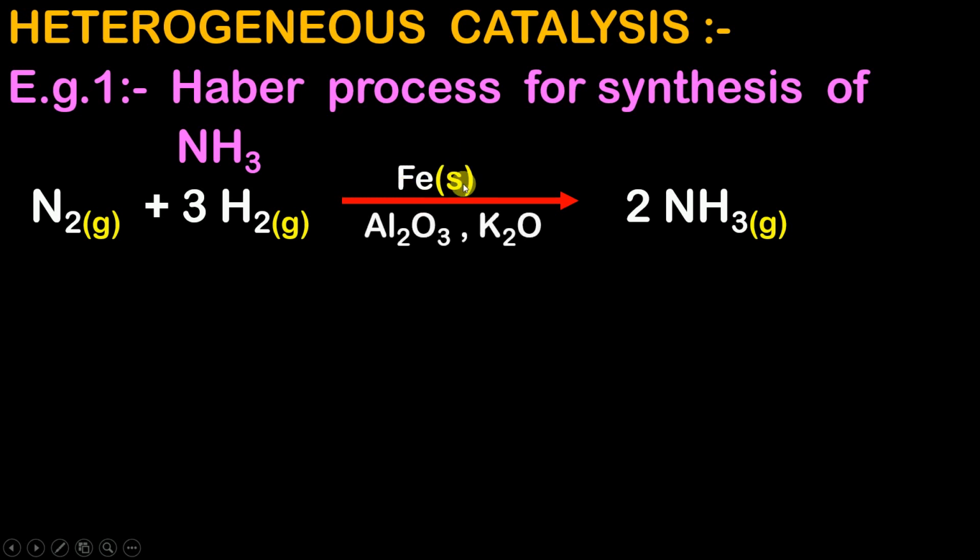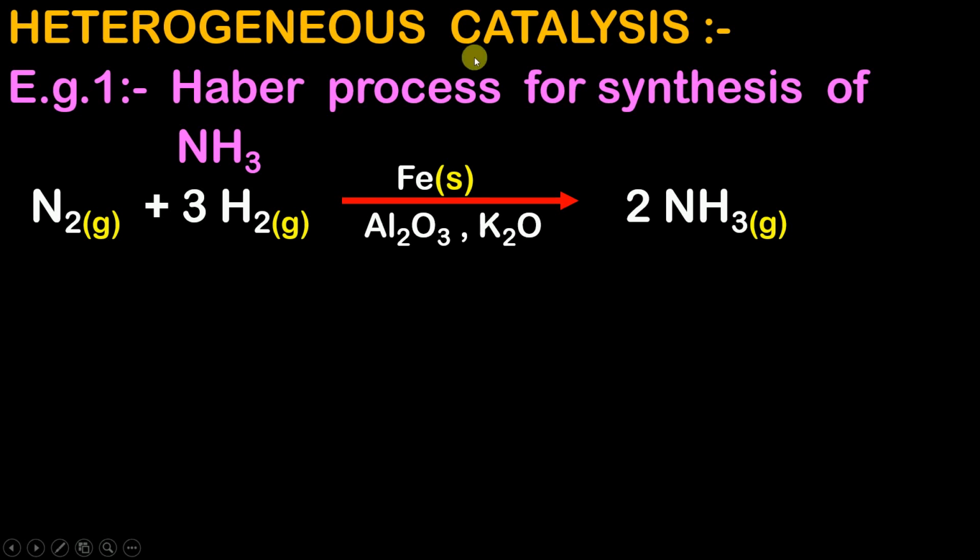These are the reactants. Both the reactants are present in the gaseous state and the catalyst is present in the solid state. So if someone asks whether all the reactants and catalysts are present in the same phase, your answer would obviously be no. All of them are present in a different phase, and hence this is an example of a heterogeneous catalysis.